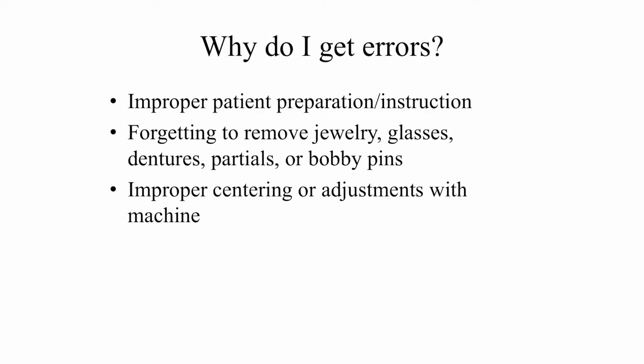So why do you get errors on your Panorex? Improper patient preparation or instruction, forgetting to remove the jewelry, glasses, dentures, partials, or bobby pins. I basically become a human metal detector when the patient walks in the room, kind of give them the overview and make sure they have nothing on. Improper centering or adjustments with the machine.